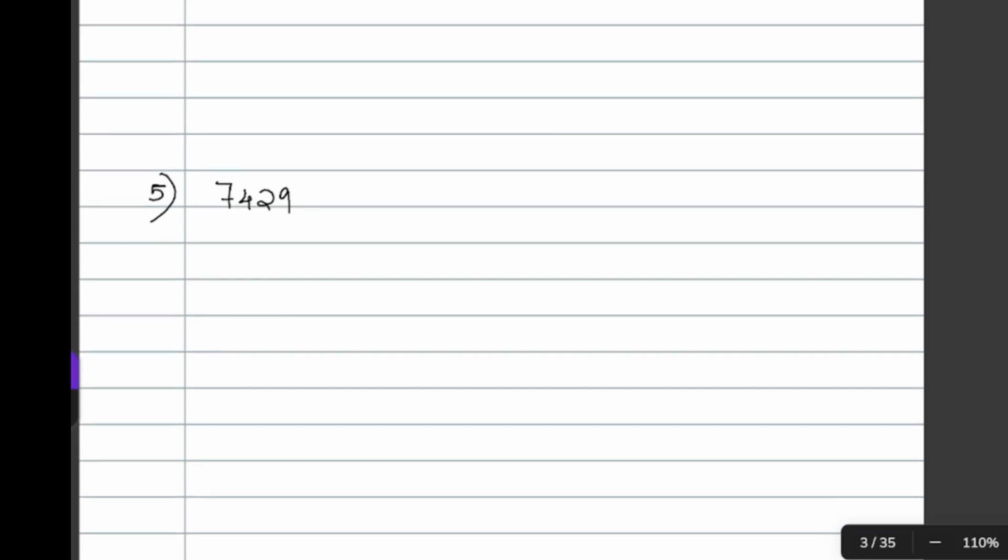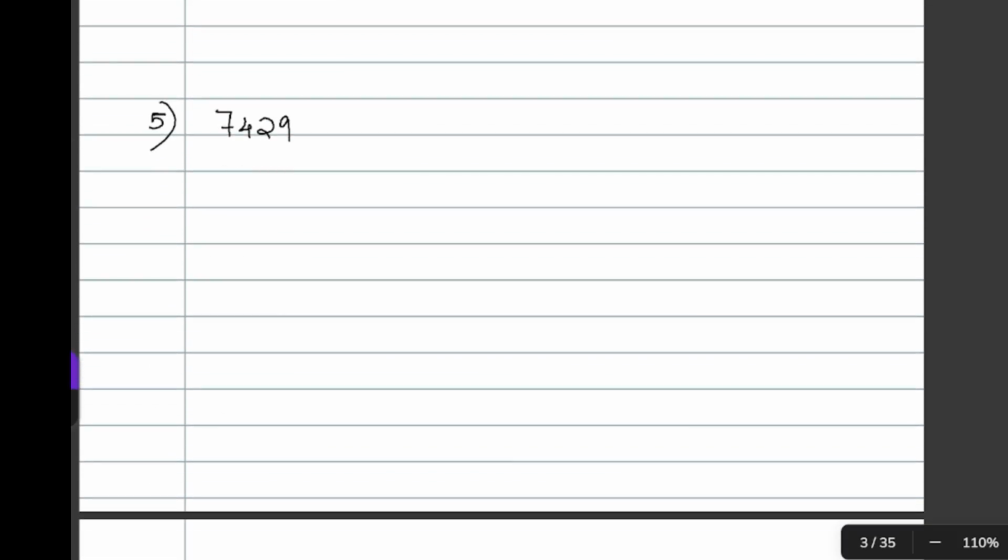Now next comes the number 5, right? In the 5, the question was 7429. The least number with which I can divide 7429 is 17. If I'm dividing 7429 with 17, I'm going to get 437.